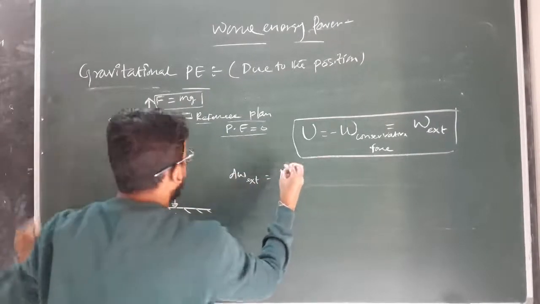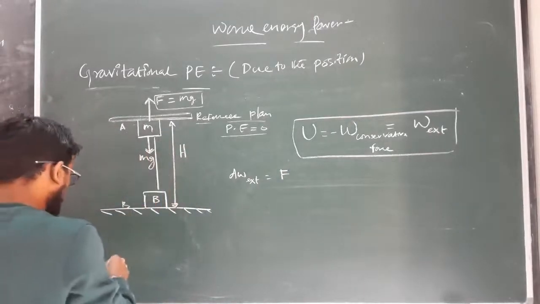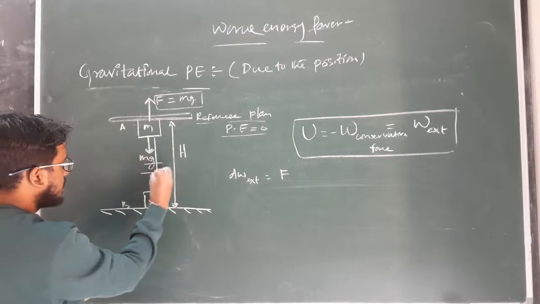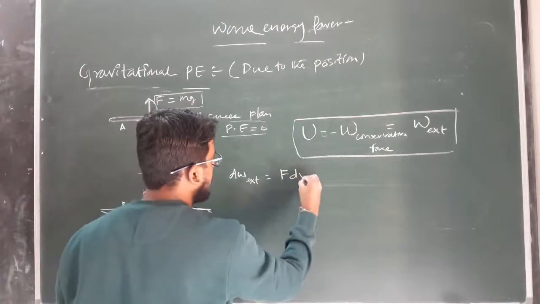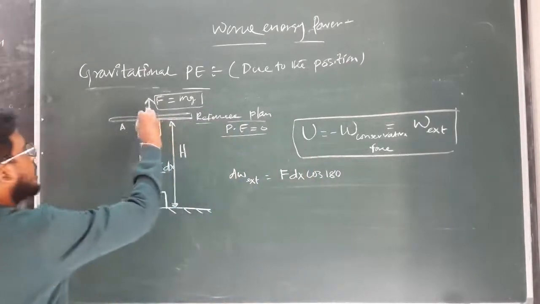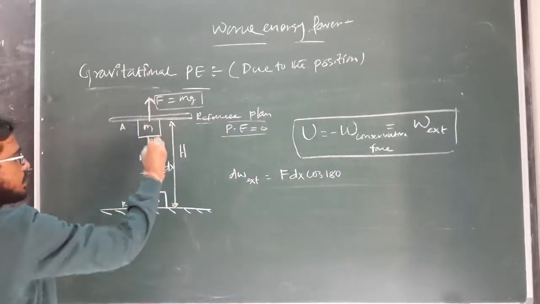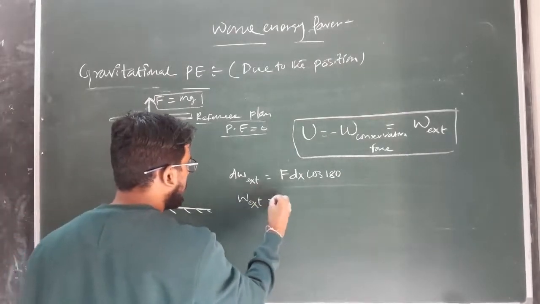F. If we are considering a small displacement during this motion, dx, then it will be F dx cos 180, because in this case the applied force is acting upward and body is displacing downward. So the total work done by the external force will be equal to how much?